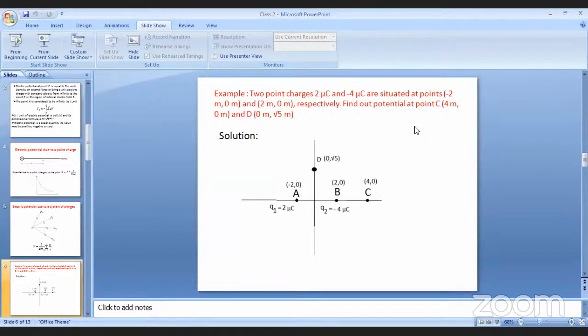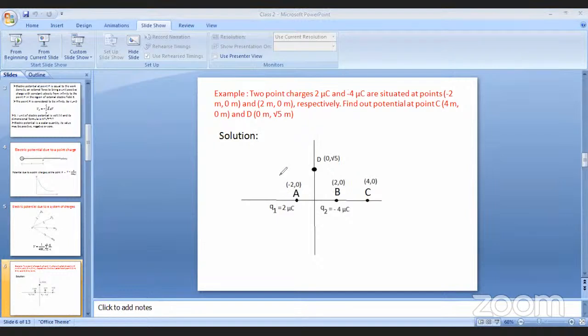The 2 point charges, 2 microcoulomb and -4 microcoulomb, are situated at points (-2 meter, 0 meter) and (2 meter, 0 meter) respectively. That means you have 2 microcoulomb at (-2, 0). So let me write that now.